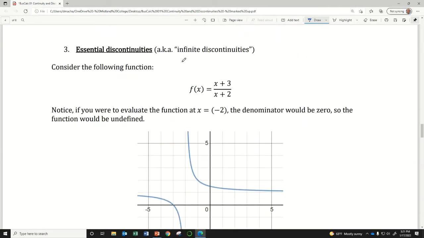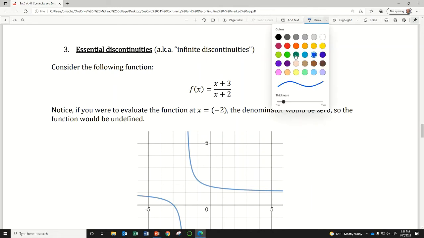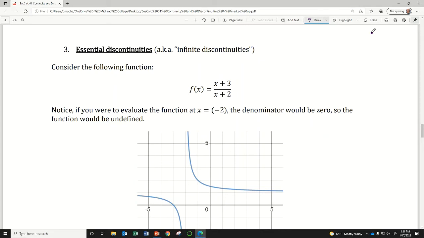The third flavor of discontinuity is an essential discontinuity, which is also called an infinite discontinuity. And for this, let's consider the following function. This is again a rational function because it's a ratio of a linear polynomial in the numerator to a linear polynomial in the denominator.